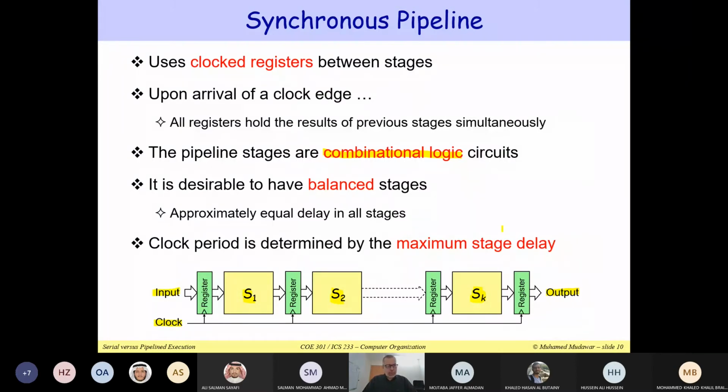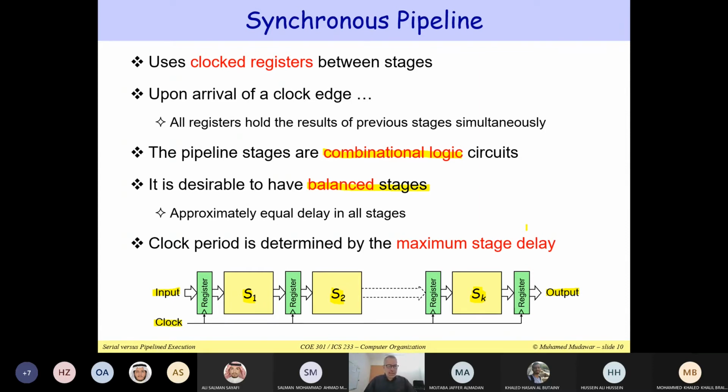Because we are using a clock to synchronize the operation of the pipeline, it is very desirable to have these stages balanced. Balanced stages means that we would like to have approximately equal delays in all stages.